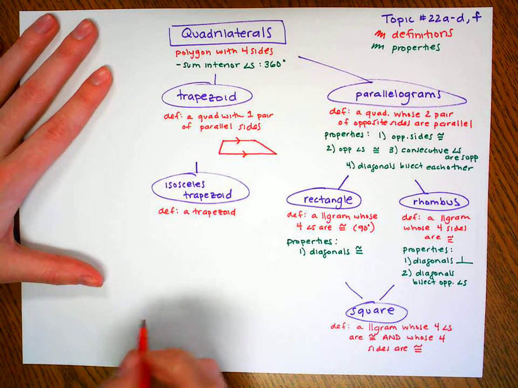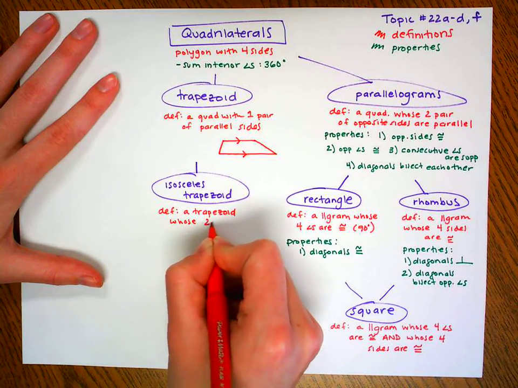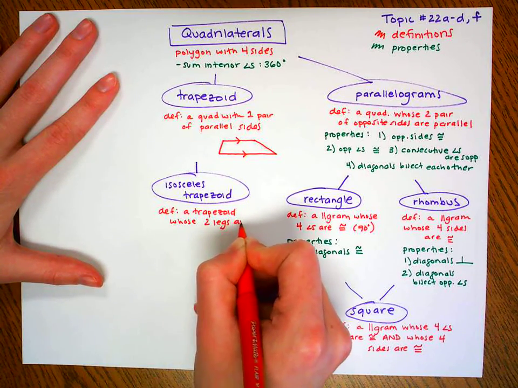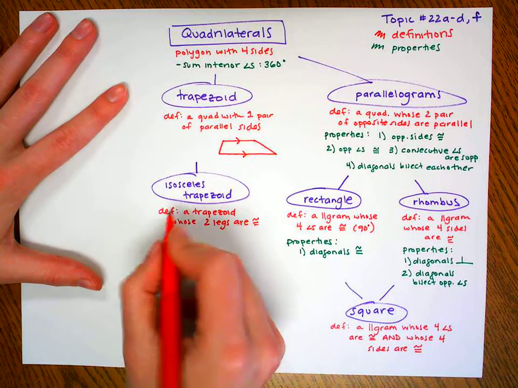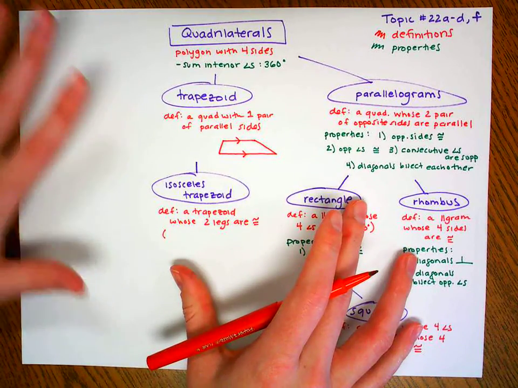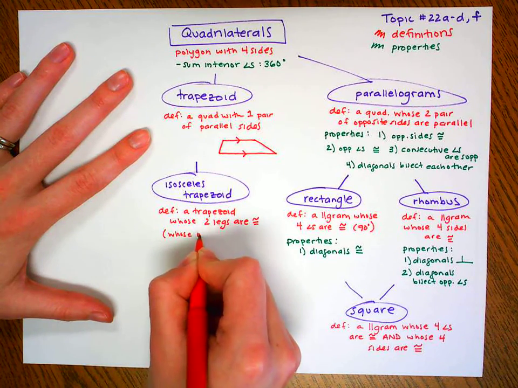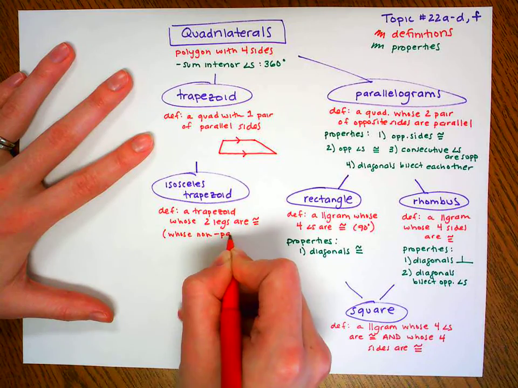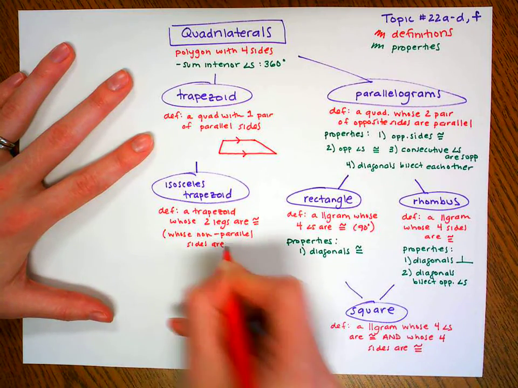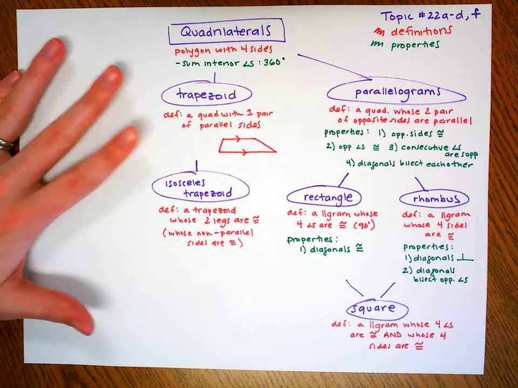So a trapezoid whose two legs are congruent. Or in other words, whose non-parallel sides are congruent. So let me draw a picture of that for you.